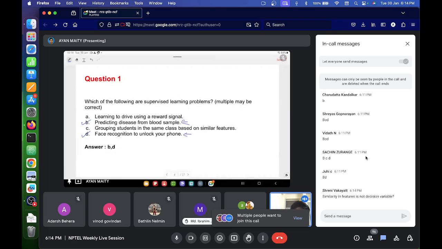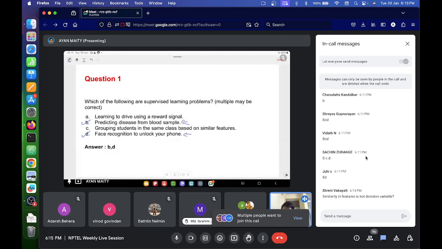Someone is asking, Sreni Bakayat is asking, similarity in features is not decision variables. Decision variable means a variable that would be the output of your model. In option B, predicting a disease from blood sample, based on different features of the blood sample, you will predict which disease it is. So the disease is the decision variable.